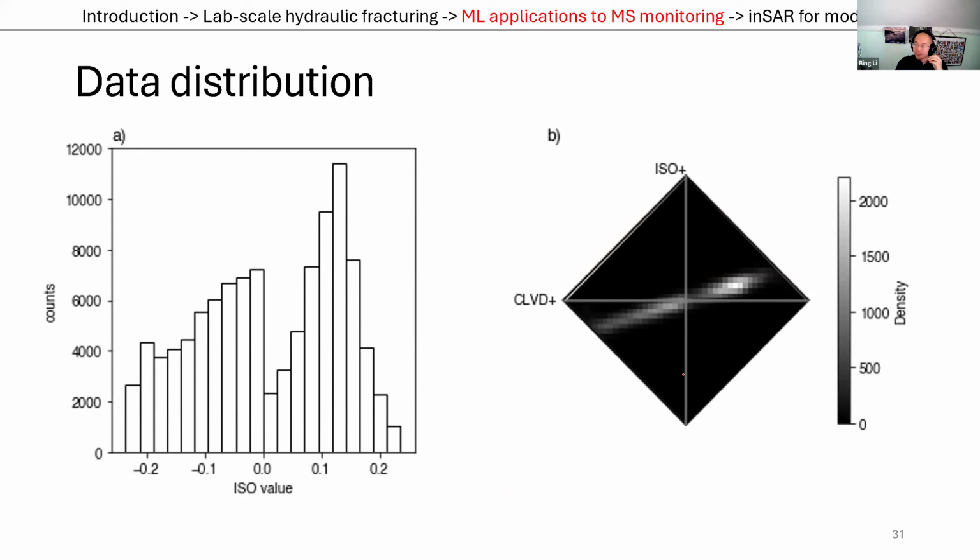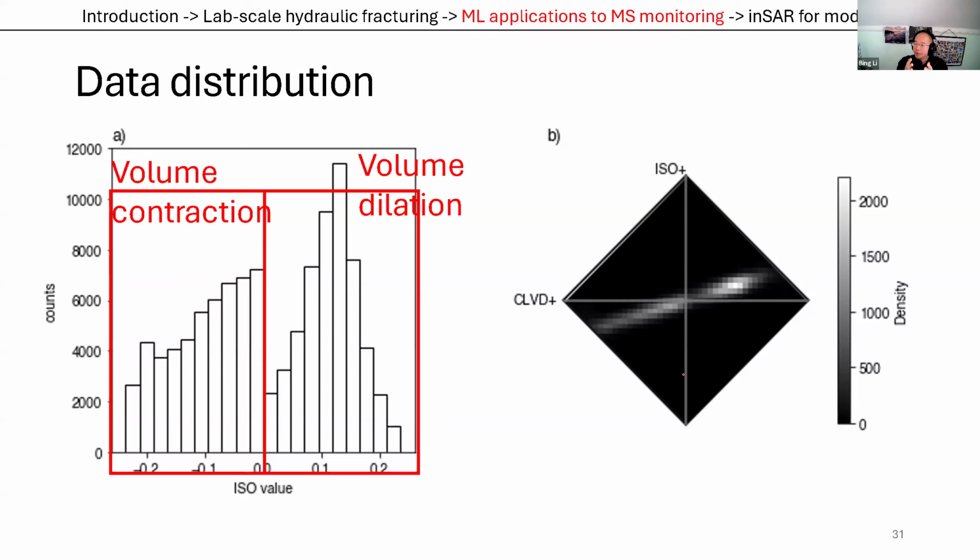For now, the task has been simplified to a much simpler one, which is just to say: given a waveform that we can detect, did that waveform originate from an event that exhibited contraction or compaction, or did it exhibit dilation or volume increase? This idea of dilation makes a lot of sense from a mechanics perspective. It's basically mode one.